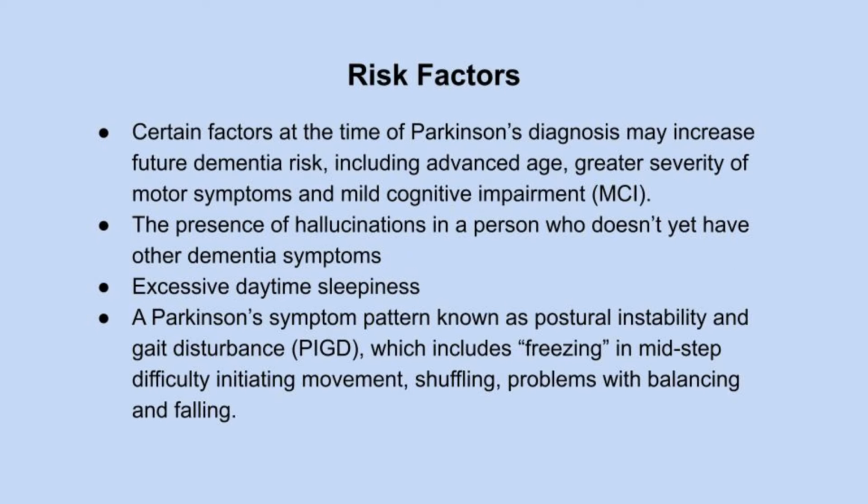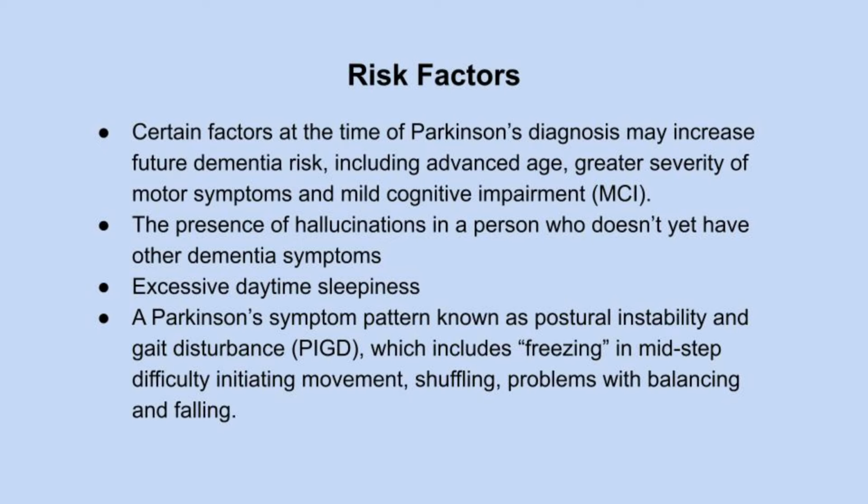So there are certain risk factors at the time of Parkinson's diagnosis that may increase future risk for dementia. These include advanced age, the greater severity of motor symptoms, and mild cognitive impairment. The presence of hallucinations in a person who doesn't yet have other dementia symptoms may also increase their risk for dementia.